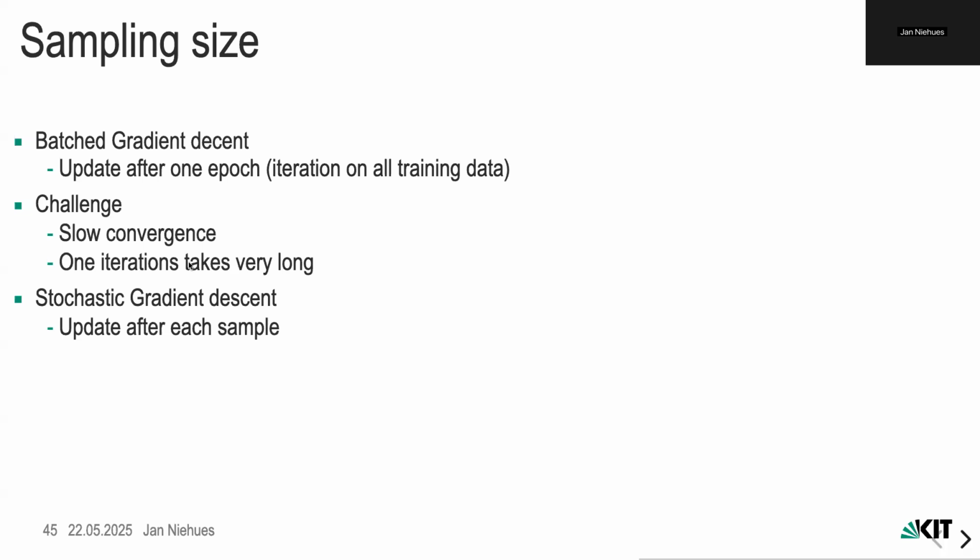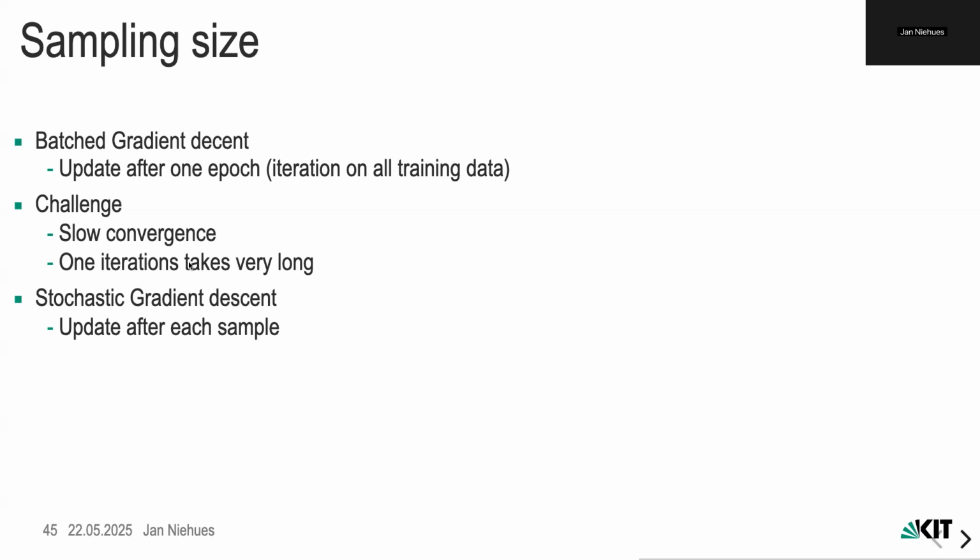But it is very slow. Especially if you get larger and larger data, your training gets slower and slower, because the more data you have, the longer it takes to do one iteration. So you have a very slow convergence. And that is why, at least in large models at the moment, you wouldn't do that, because it takes a really long time to go over all training data.